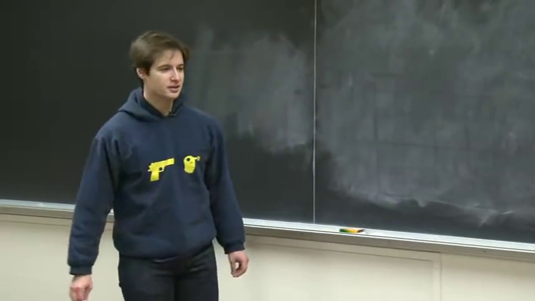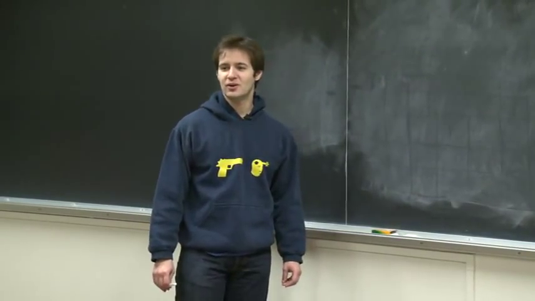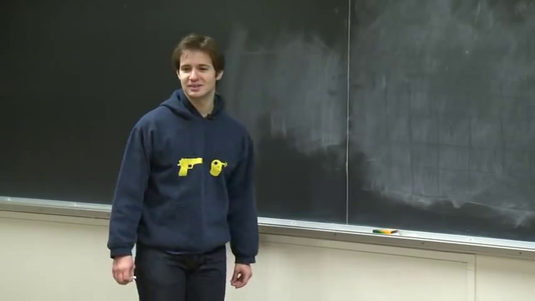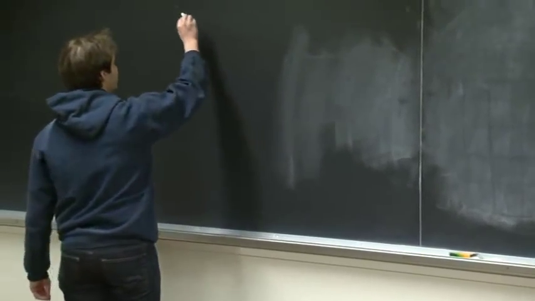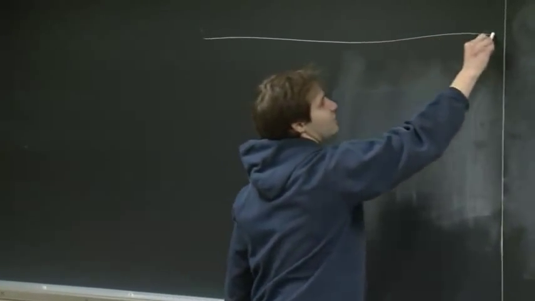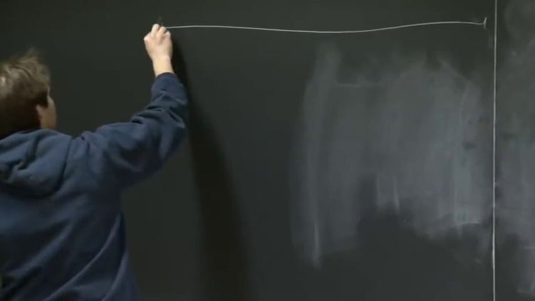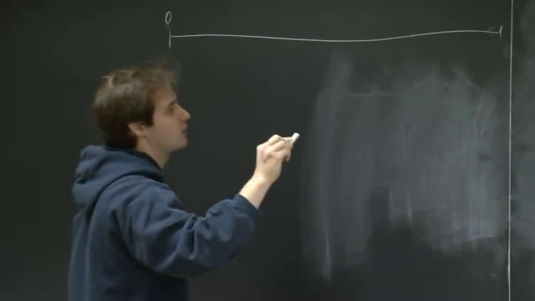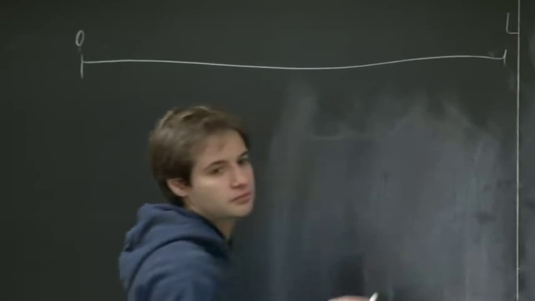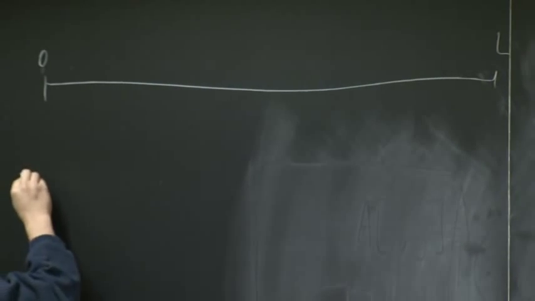Do you guys know the saying, if a woodchuck could chuck wood, how much wood would a woodchuck chuck? Today we're going to chuck wood. So we have a piece of wood that is L meters long, and we have N markings.